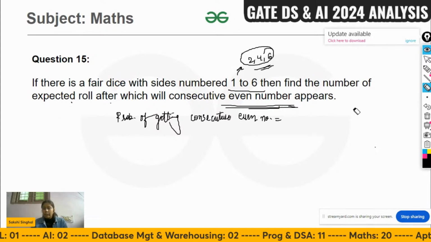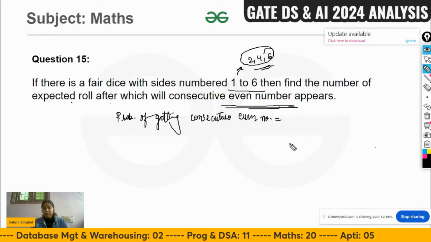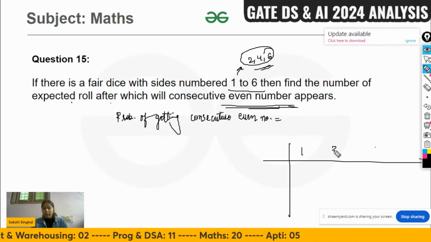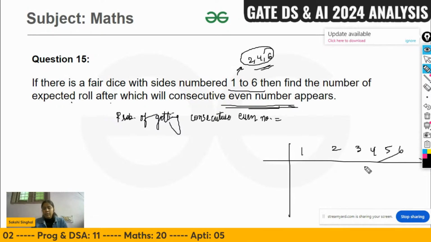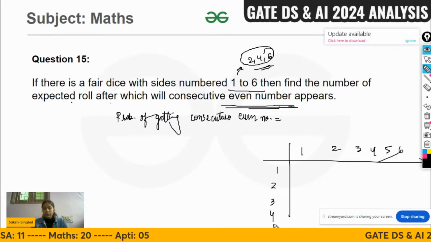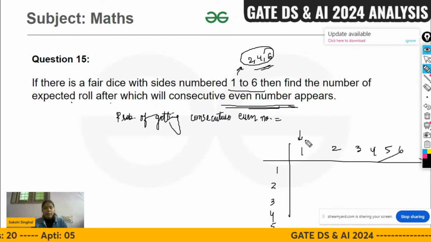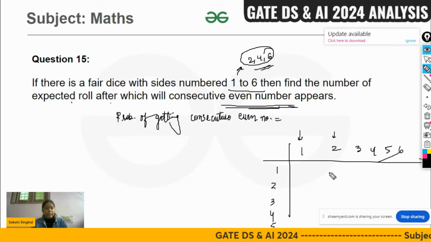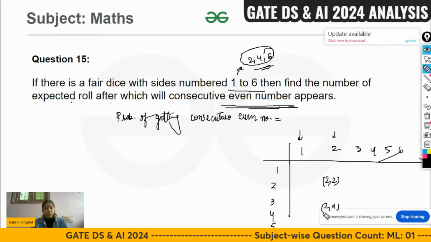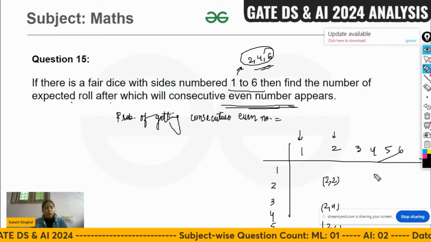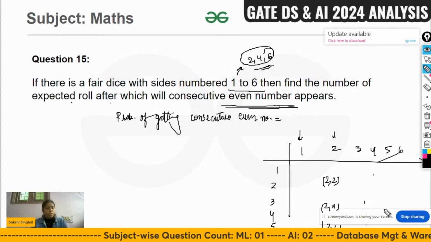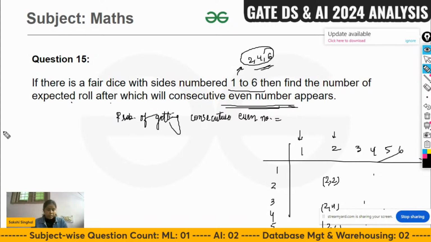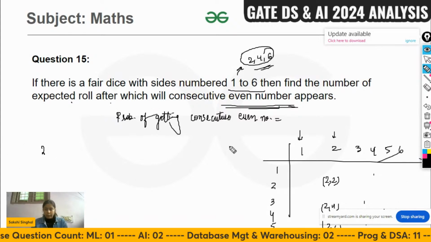Because I want consecutive even numbers, you will write down here 1, 2, 3, 4, 5, 6, and 1, 2, 3, 4, 5, 6. In this case, I'm not getting consecutive even numbers, but in this case, I will. So 2, 2 would give me consecutive numbers, 2, 4, 2, 6. Similarly, 4, 2, 4, 4, 4, 6, 6, 2, 6, 4, 6, 6.